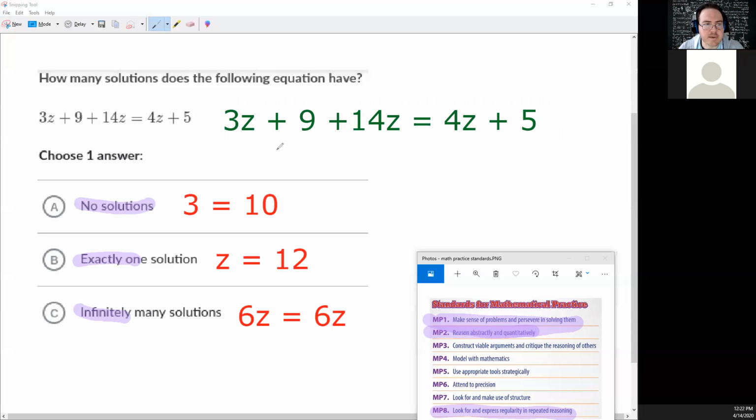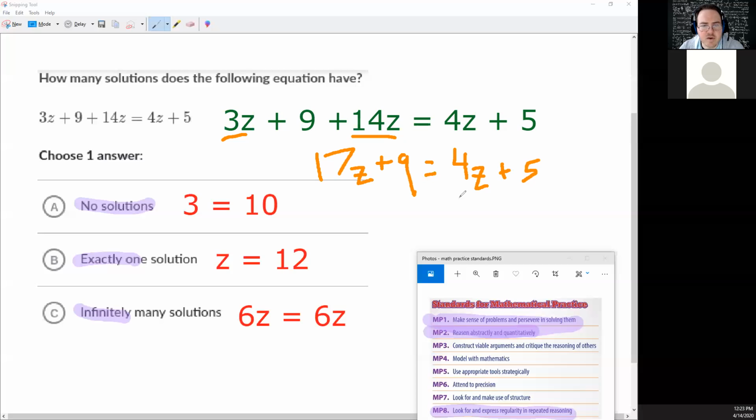So now let's combine some like terms, because 3z and 14z both share the same variable, so they can be added together. So that'd be 17z plus 9 equals 4z plus 5. Okay, so now we can do some inverse operations.